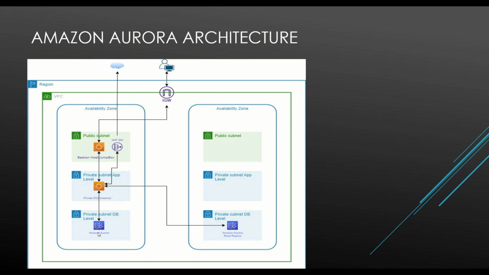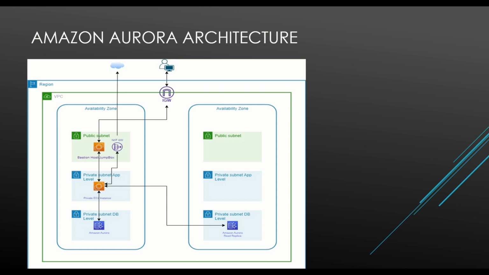So it's the Aurora database and then the Aurora read replica. And I have also created a NAT gateway to connect to the internet for the private VPC resources. So this is the architecture. I will show you in the AWS console before we implement the AWS Client VPN.